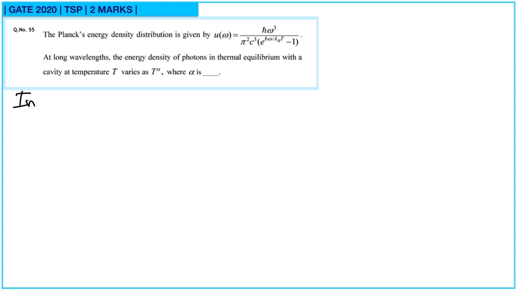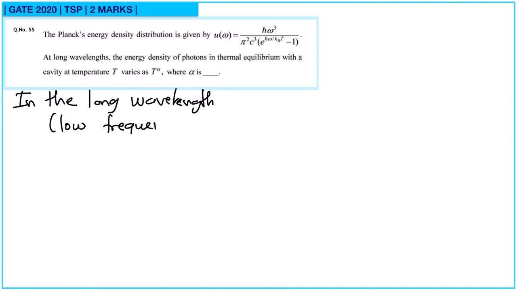Now, in the long wavelength region, long wavelength means low frequency region. This h cut into omega will be much smaller than kT.